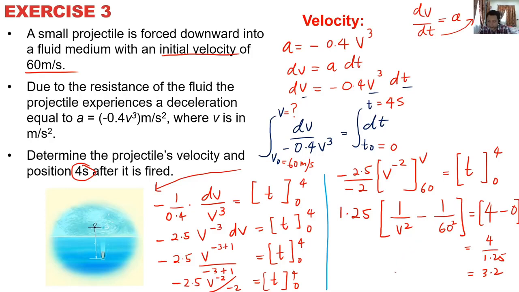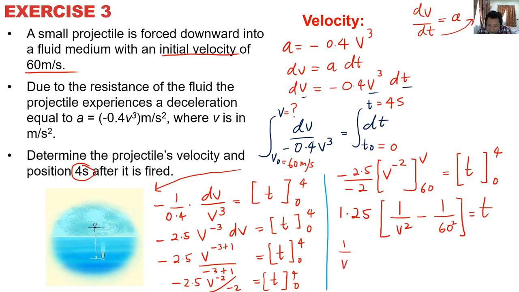But let's check. 1 over v squared. I don't think we should put in values first. Let's leave it as t first and simplify it a bit. So t over 1.25.